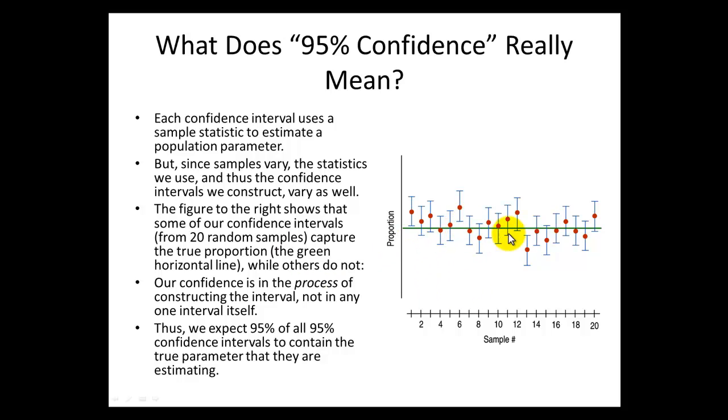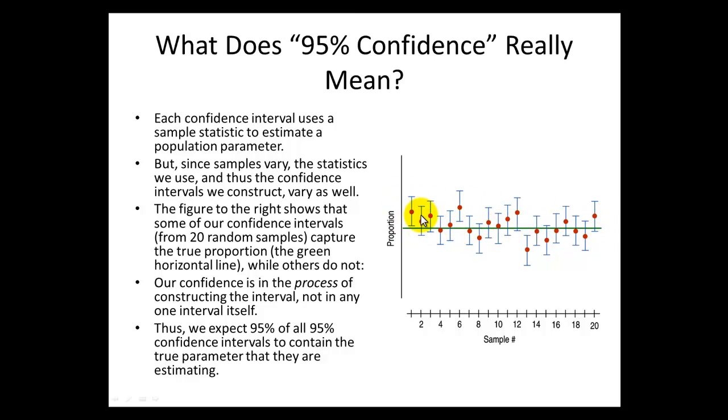So there are 20 confidence intervals that were created here to estimate a proportion. This is our proportion, the green line, the true population proportion. We're going to pretend we know what it is. And what is happening here is that roughly 95% of these will capture our true population proportion. In other words, the green line will be somewhere within the interval.